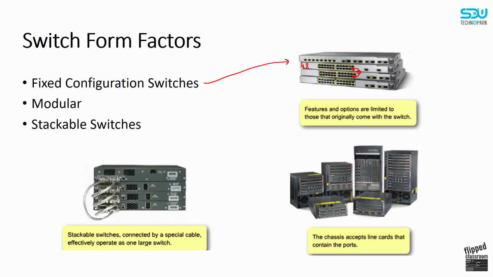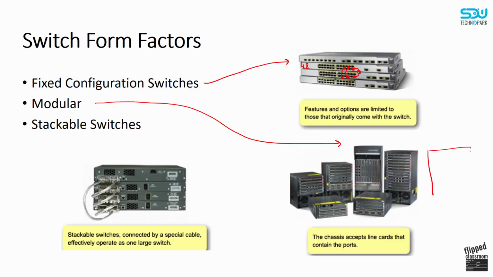Or maybe you can connect like this, so then you will use the shared speed of 2 or 3 links, but it is called fixed configuration switches.